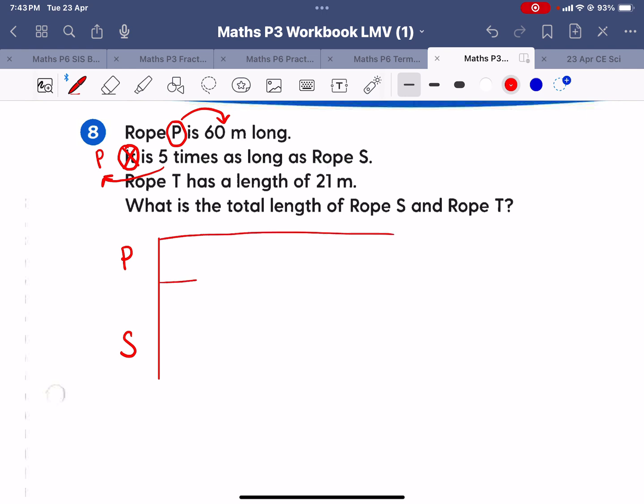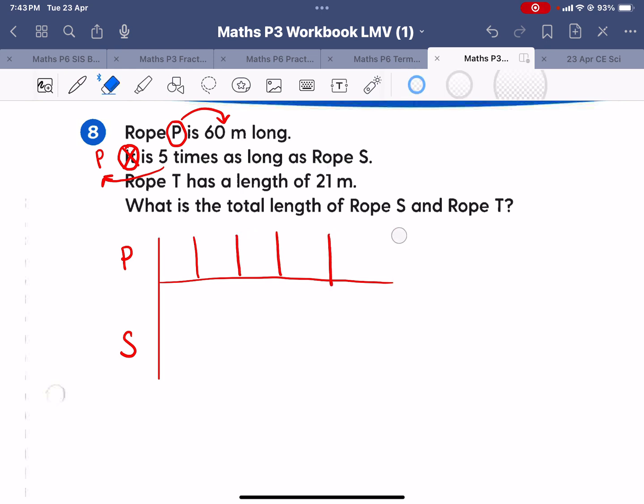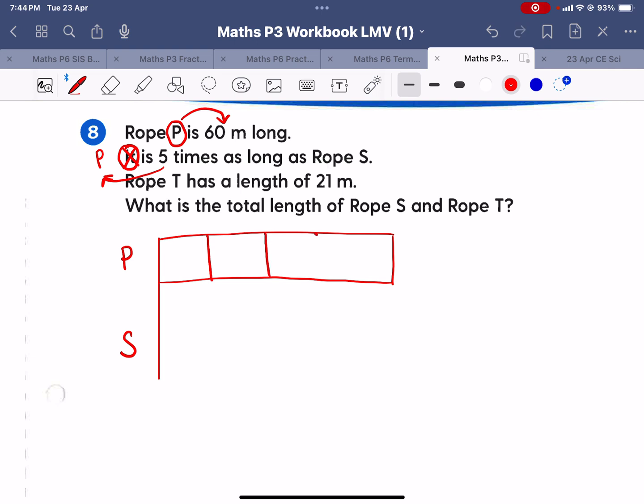5, right? So we're going to draw one that shows 5 equal parts. Again, let me try to make it as equal as possible.